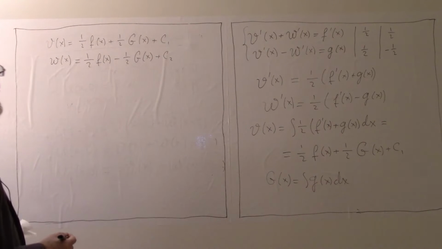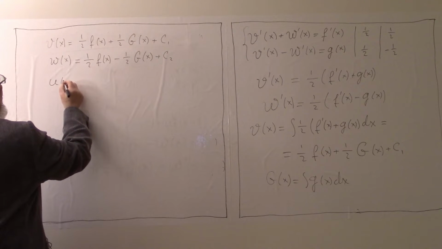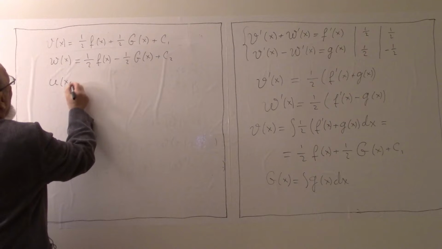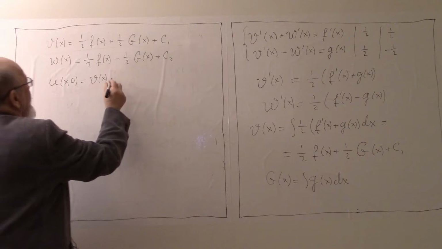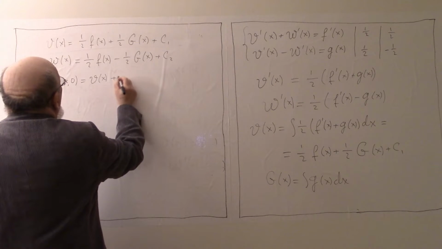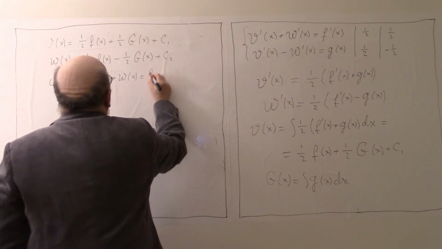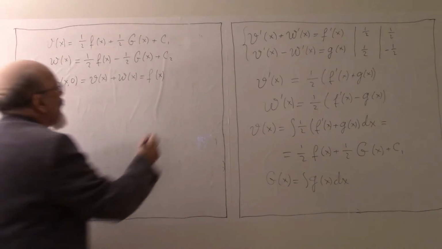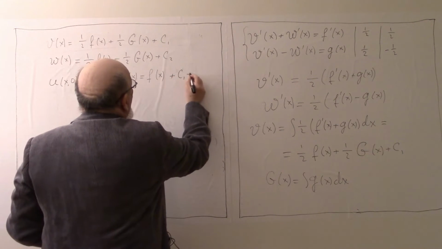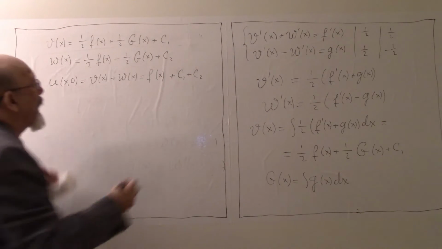Now what can you say about c1 and c2? Let me write u of x,0 equals v of x plus w of x, which equals f of x. This term will cancel, plus c1 plus c2. But it should be equal to f of x.